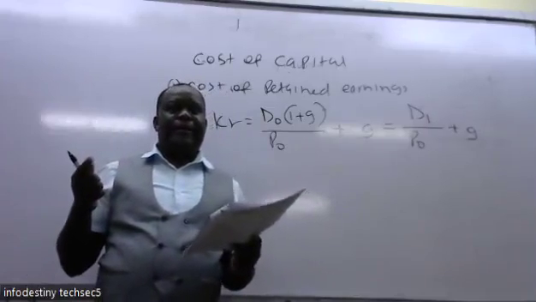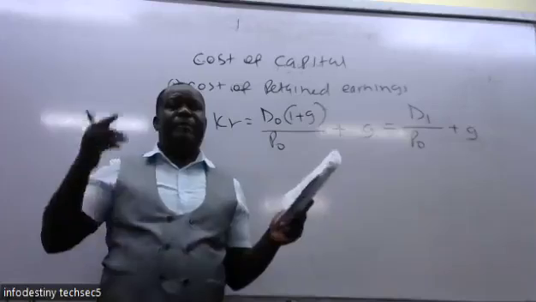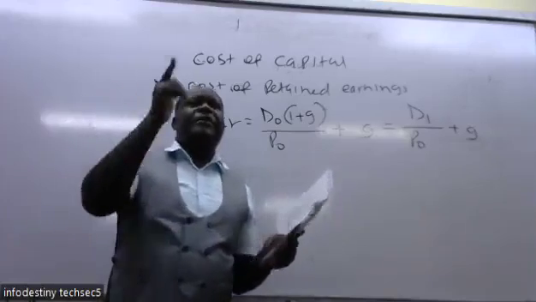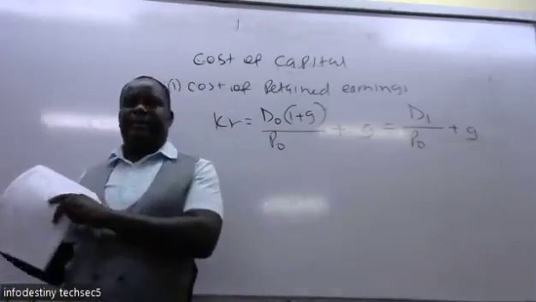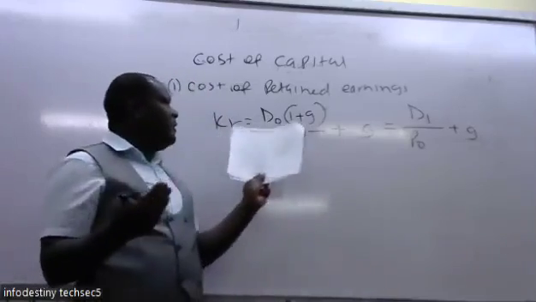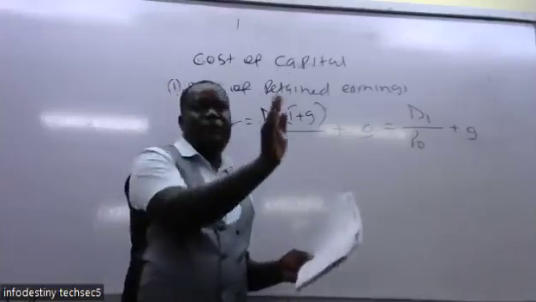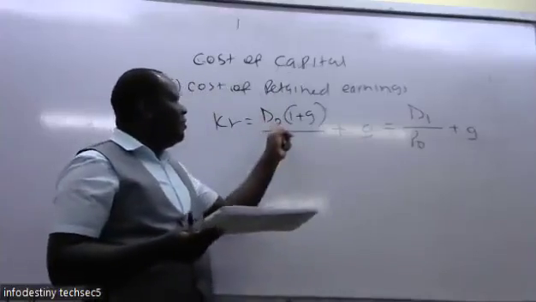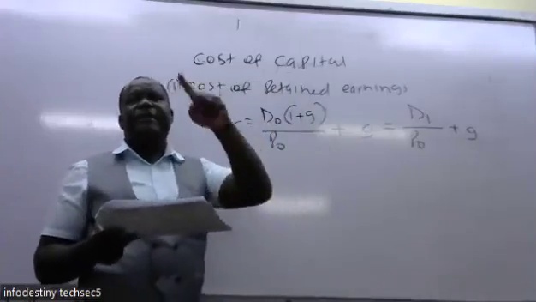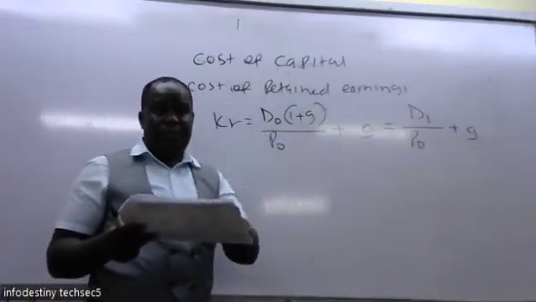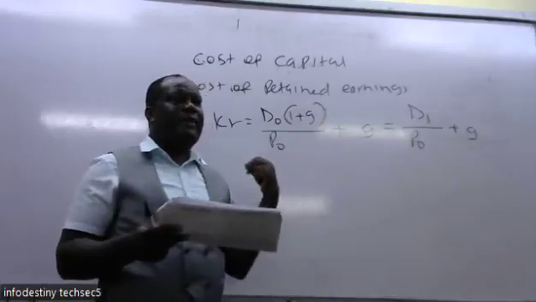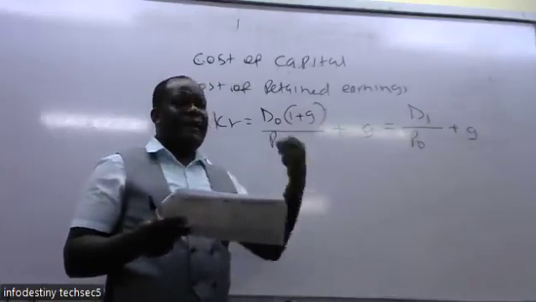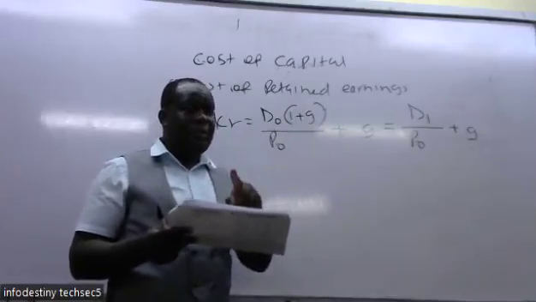I want you to note that because some people get confused. When you calculate g, we use the past. But when we are calculating the cost of capital, we go to the future. So our D0 is the last dividend that was paid, which is 2020, because that pattern is for the last 5 years, and the last year was 2020.